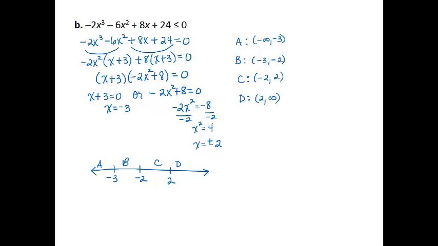What I could do in this particular situation is identify a test value or a test point in each interval. Let's say in the first interval, maybe negative 4. The second interval is going to be trickier because it's between two consecutive integers, so we need to use something like negative 2.5. Between negative 2 and 2, we could use 0, and to the right of 2, we could use 3.